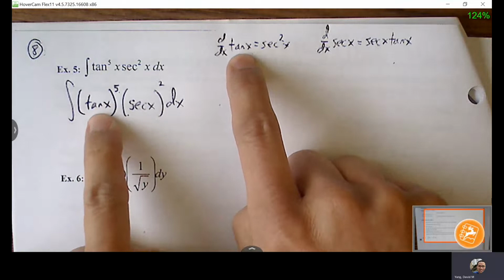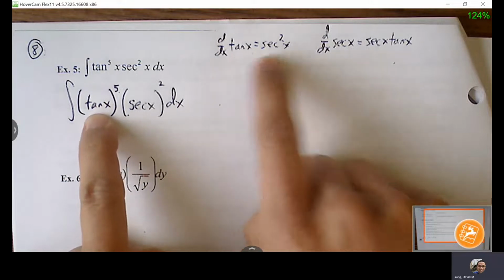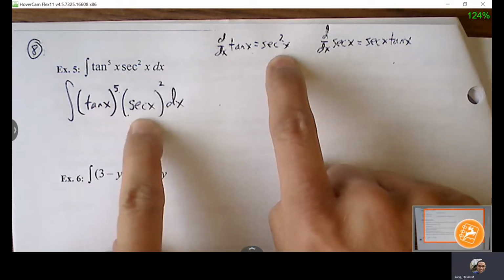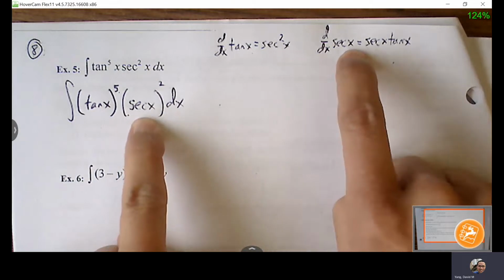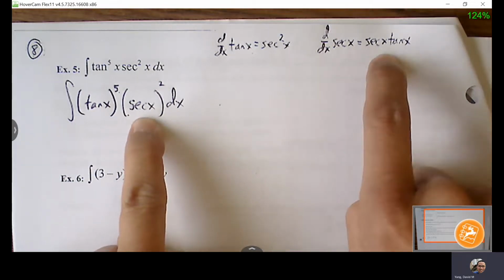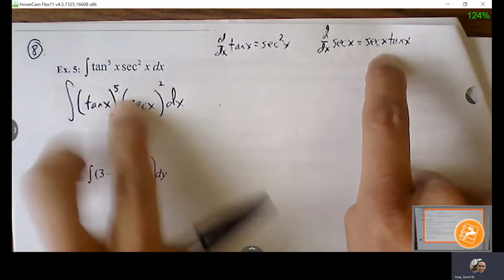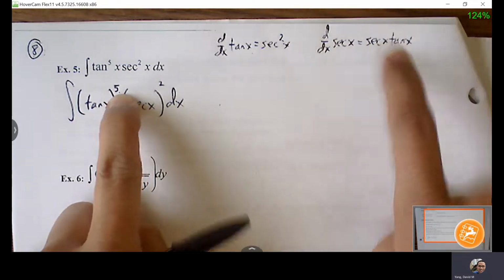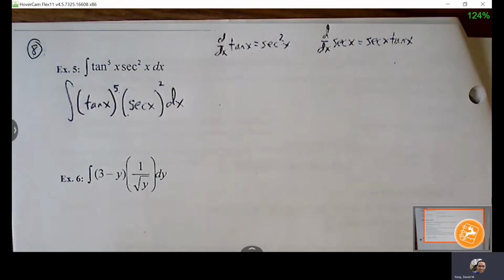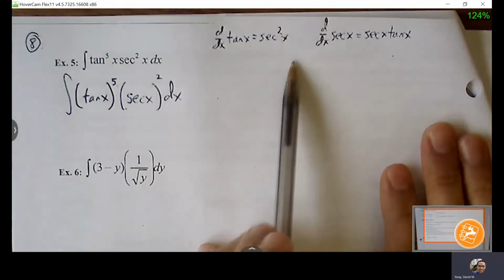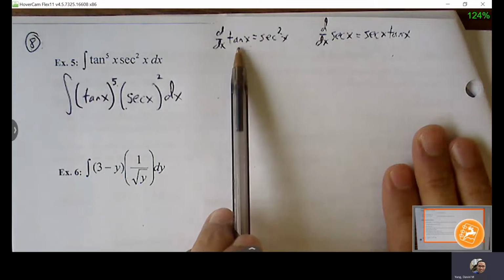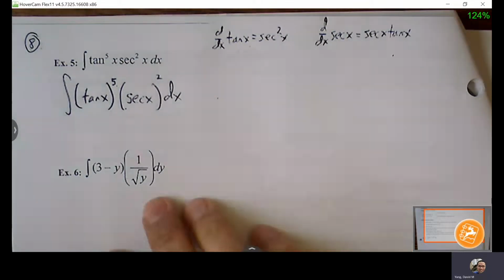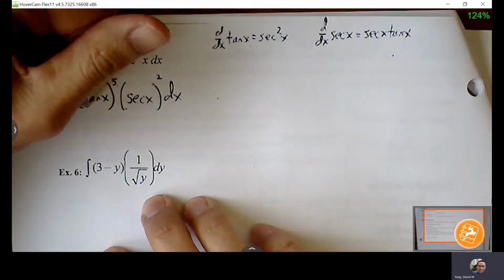Yeah, if our u value is tangent, it'll produce secant squared, which will match up nicely. But if we let our u value be secant, the derivative will be secant tangent, which pairs up slightly, but not perfectly, right? That fifth degree is not going to pair up with that tangent of the first degree. One of the tangent goes away, but not everything goes away. We're trying to find that perfect fit. And that perfect fit is going to come from this u being tangent of x. So that's what I'm going to commit towards.